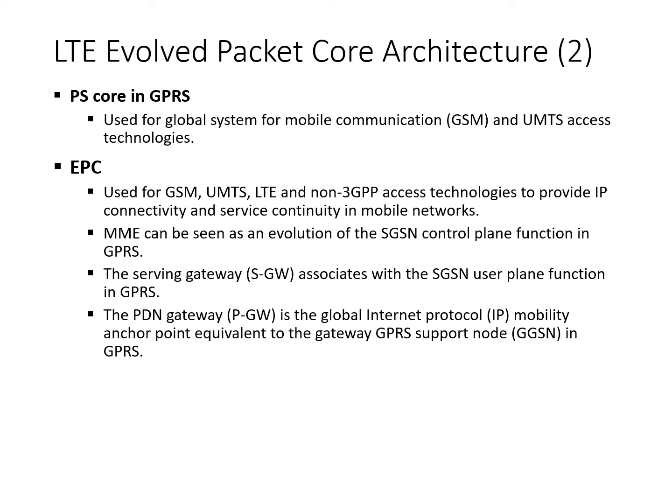The packet switch core in GPRS uses the Global System for Mobile, GSM, and the UMTS access technologies. The EPC is used for GSM, UMTS, LTE and non-3GPP access technologies to provide IP connectivity and service continuity in mobile networks.